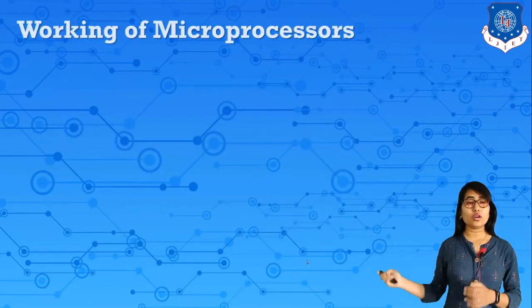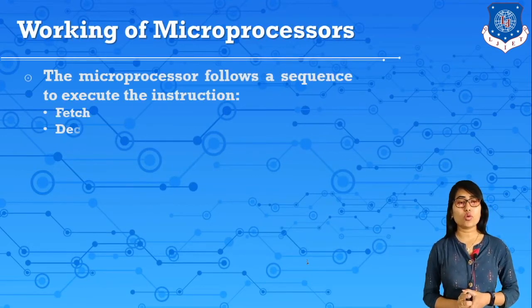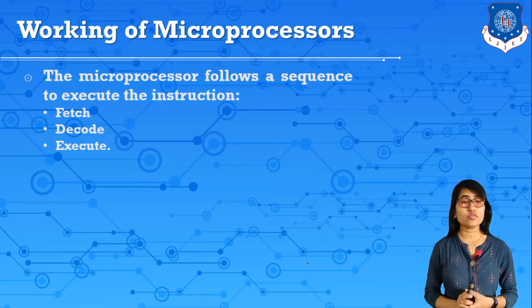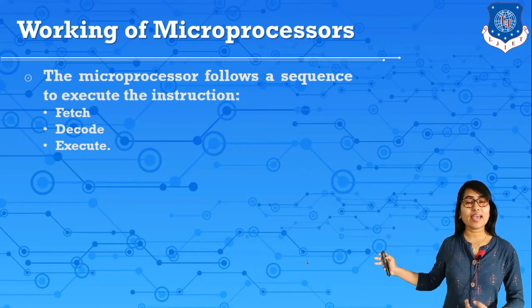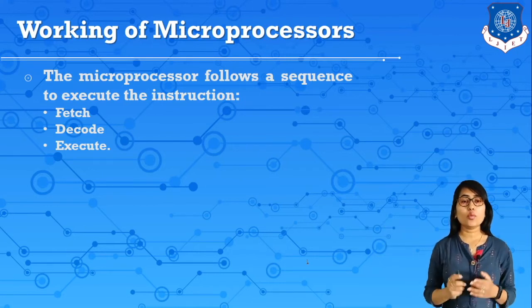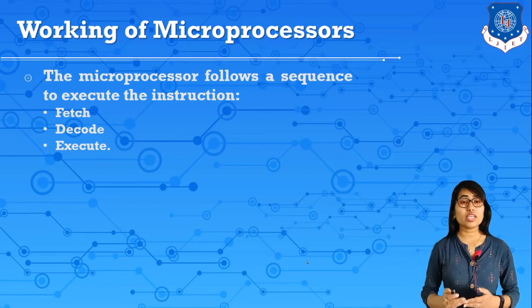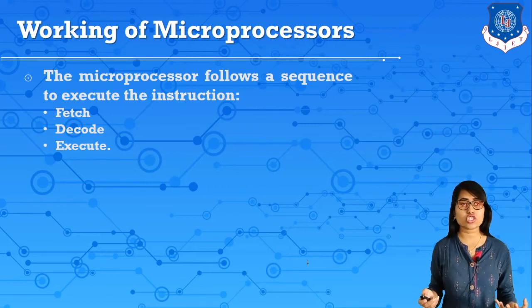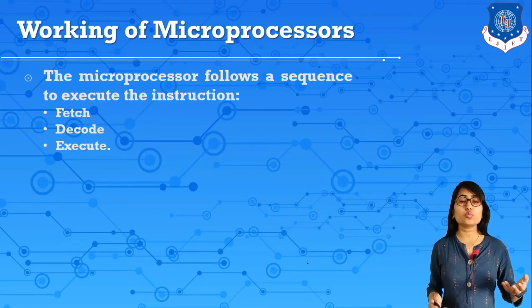How does a microprocessor work? The microprocessor follows a sequence to execute instructions, which is fetch, decode and execute. We can give commands to the microprocessor. Whatever instructions are given, the microprocessor first fetches the instructions from the memory unit, and after fetching, it decodes them into the language which the processor can understand.